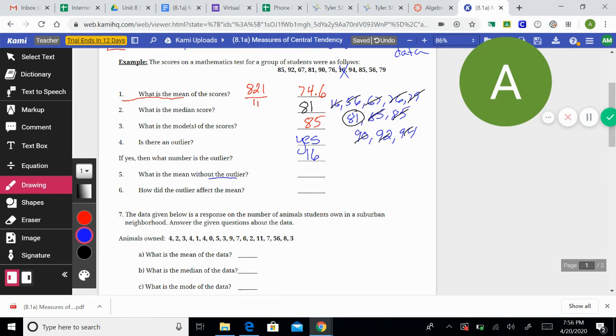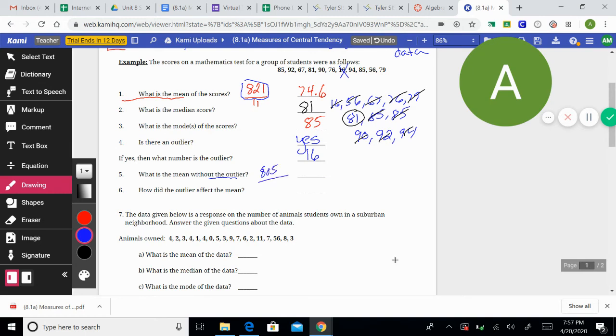So we're going to take our calculators and do 85 plus 92 plus 67 plus 81, so on, except for the 16. Now you could add those all up, but we know that when I added them all together the first time, I got 821. So this time I can take 821 and subtract 16. That's going to give me 805.